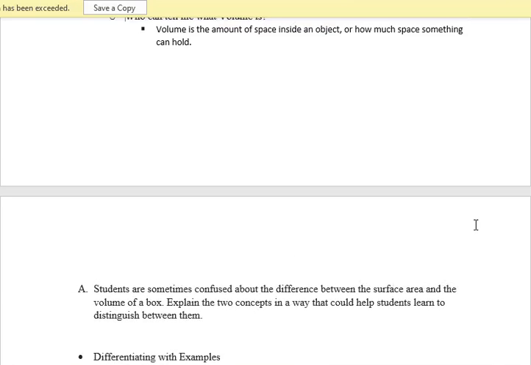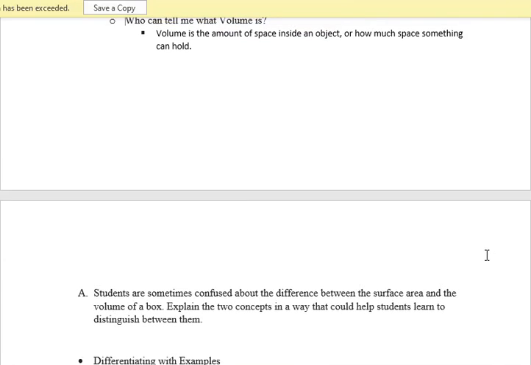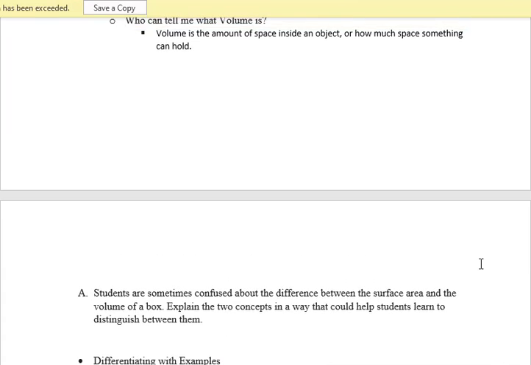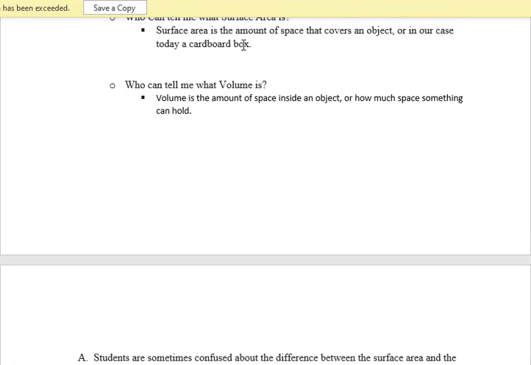So for A, students are sometimes confused about the difference between surface area and volume of a box. Explain the concepts in a way that could help students learn to distinguish between them. For surface area, we know that it's the area and the amount of space that covers an object.